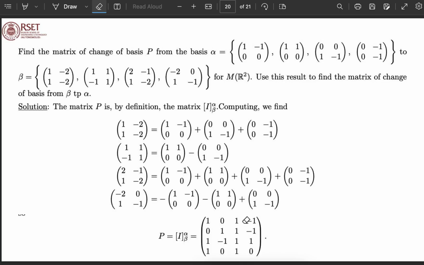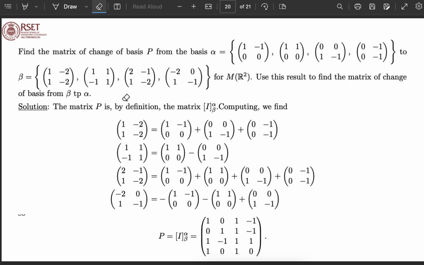Okay. This is another example of change of basis. Find the matrix of change of basis P from the basis alpha to beta. Here we are considering the vector space M of R square, that is the set of all matrices over R square.